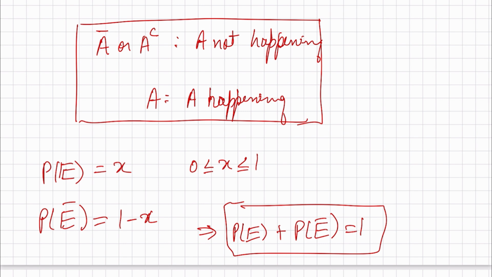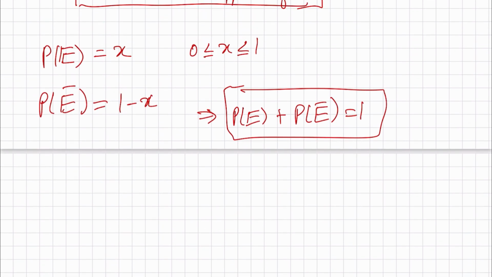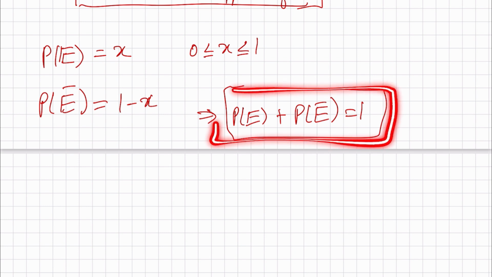And if you look at these 2 possibilities, there's a big "or" here, right? So A is happening or A is not happening, as you can see here. And as you may see, "or" basically means you add the probabilities if there is no intersection between them. This will become clear, but it is very intuitive to understand: if either it happens or it doesn't happen, and you sum up the probabilities, it should sum up to 1.